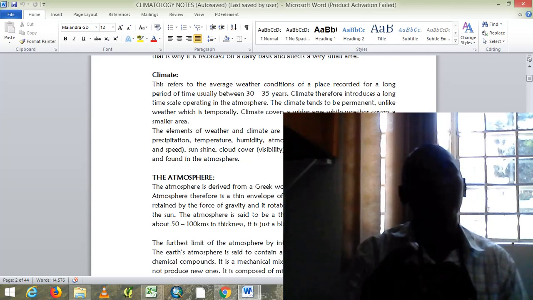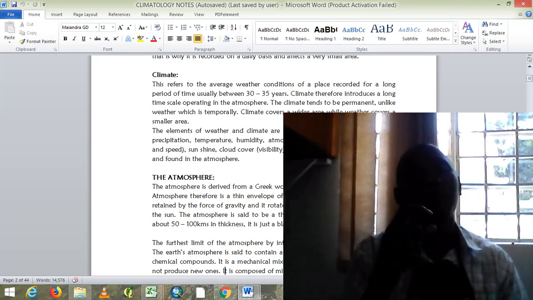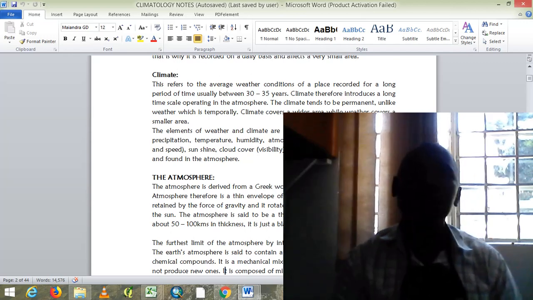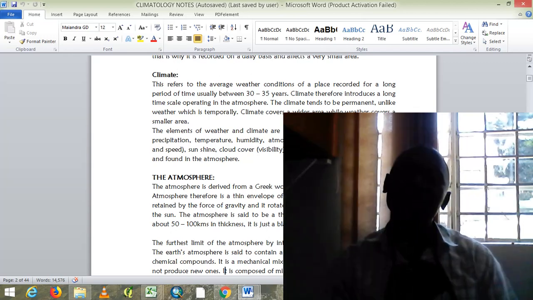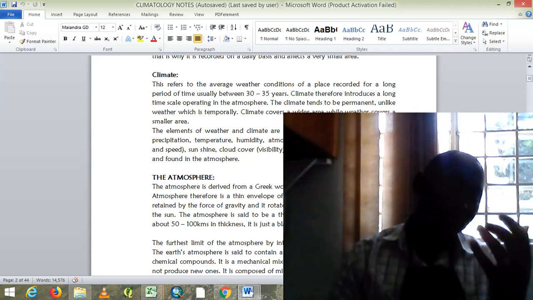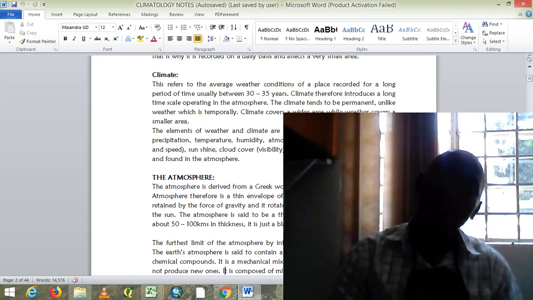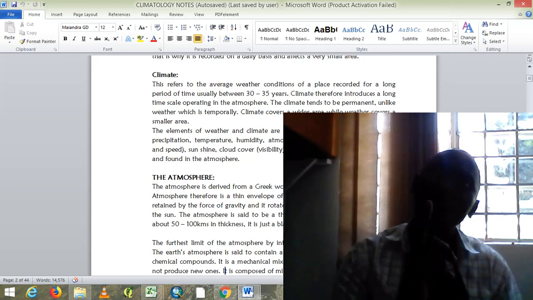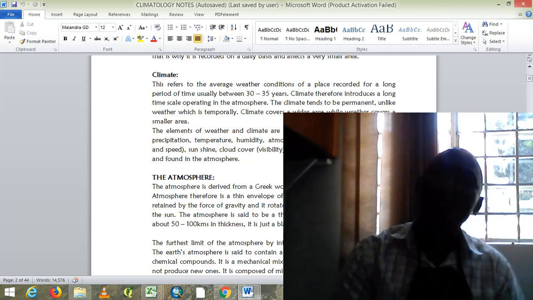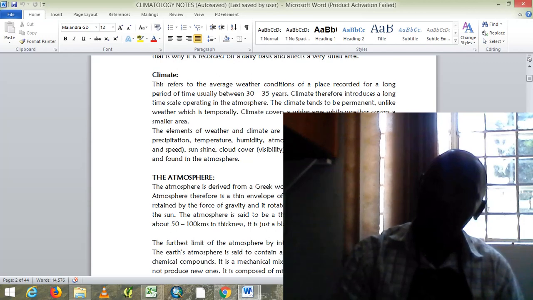That's why we are using precipitation here, because if you say rainfall, you've scaled it down to one form of precipitation. Under precipitation we have rainfall, snowfall, sleet, and hail. All those are under precipitation.